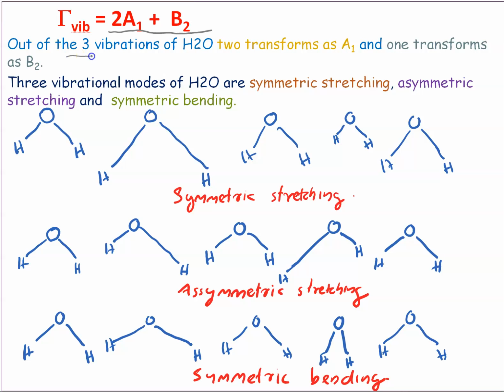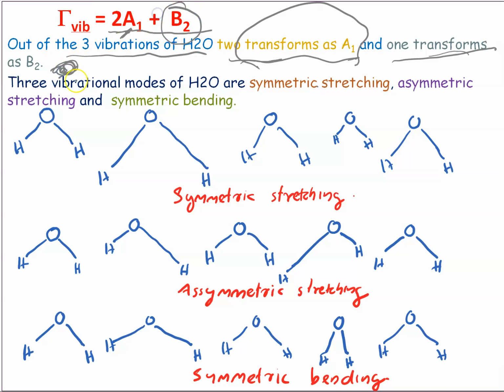That means that out of the three vibrations of H2O, 2 vibrations transform as A1 and 1 vibration transforms as B2. That means 2 vibrations become the basis for the A1 irreducible representation, and 1 vibration becomes the basis for the B2 irreducible representation.